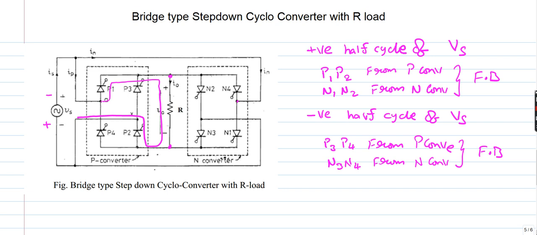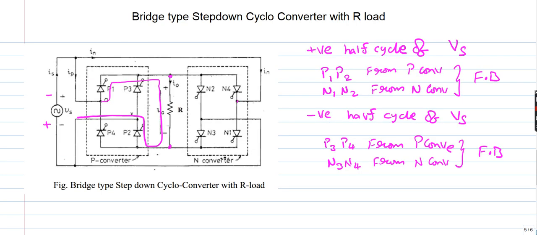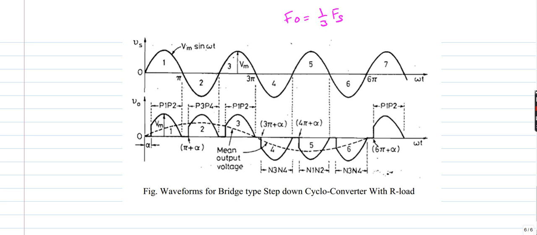So a positive half cycle is expected in the output. In the second half cycle, that is the negative half cycle from the source, but our requirement is a positive half cycle in the output, so the triggering pulses will be given to P3 and P4, because these are the switches in forward blocking mode from the P type converter, and then again P1, P2.